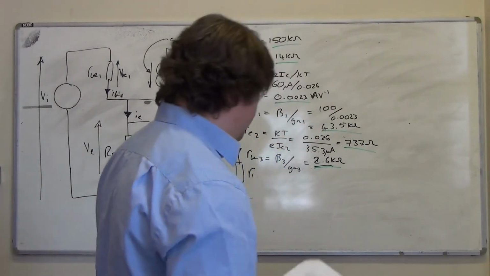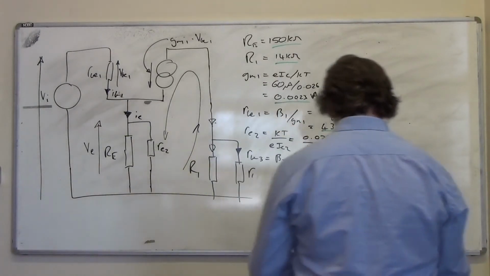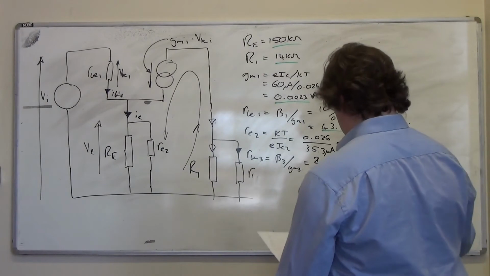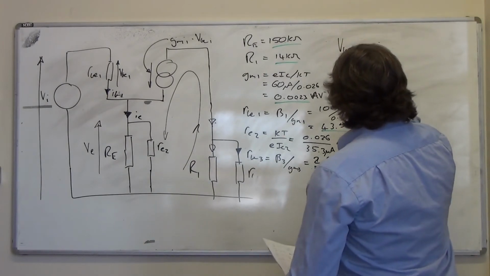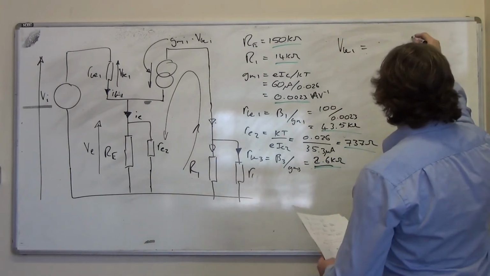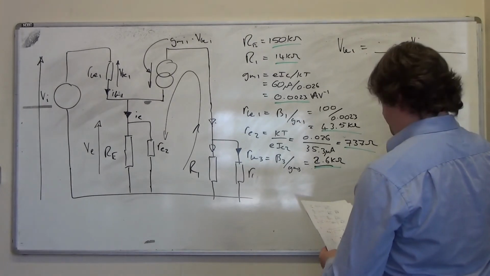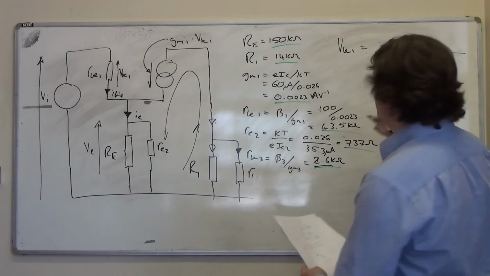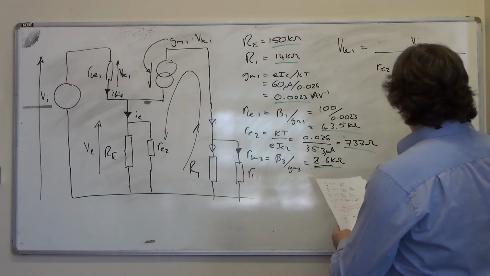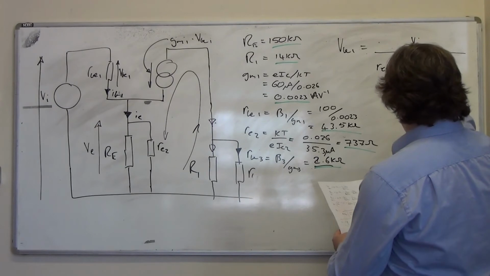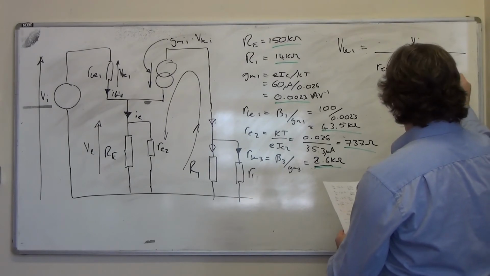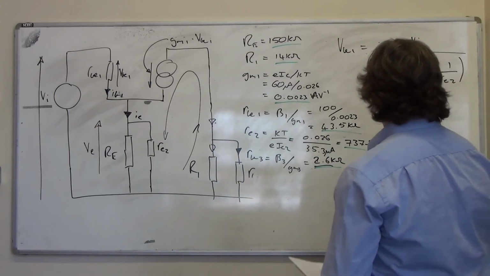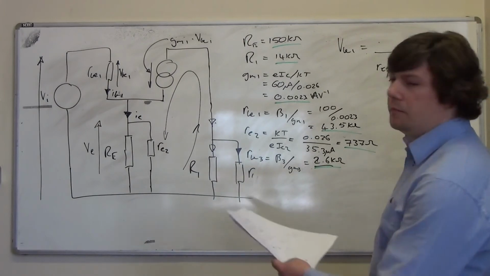You'd use the two equations that you derived, which are VB1 is equal to VI over RE2. This is the reduced version. GM1 plus 1 over RE2. And you just sub in for VI a 1.